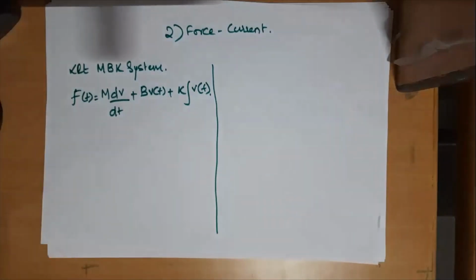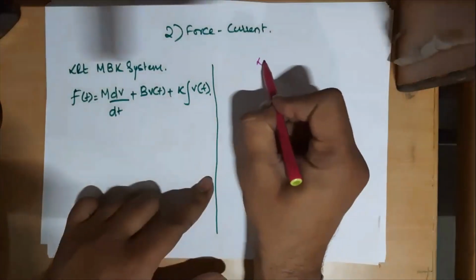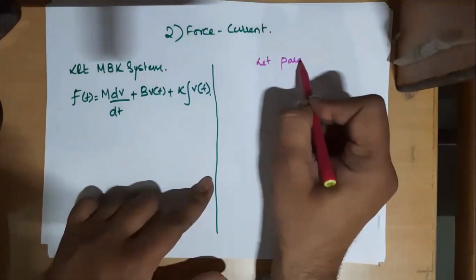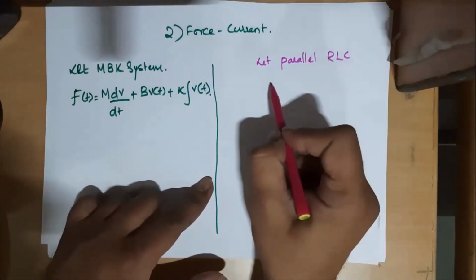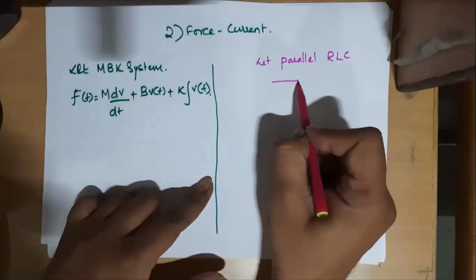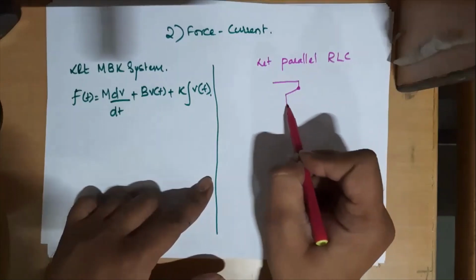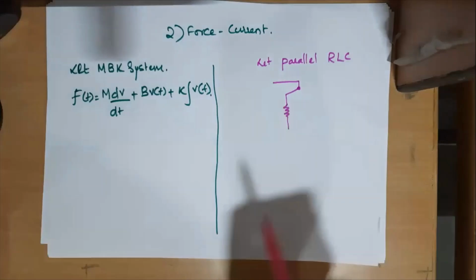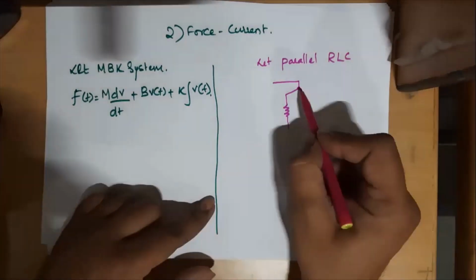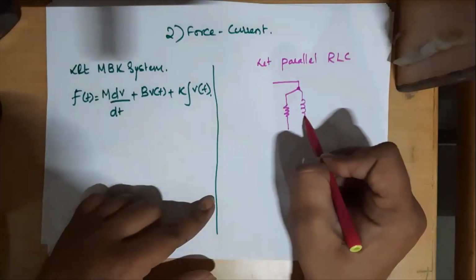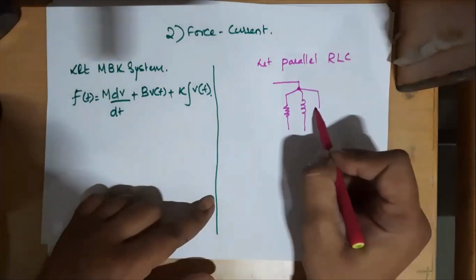But now for force current, we'll consider a parallel RLC circuit instead of a series RLC circuit. As I said earlier, nothing much is there to think about. Why parallel, why not series and all, don't keep all those questions in mind. It's just comparing the equations and relating the parameters.